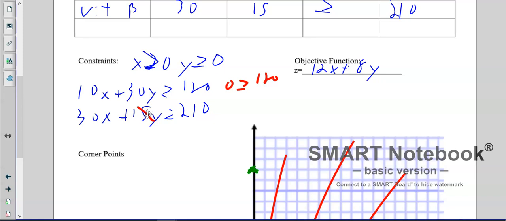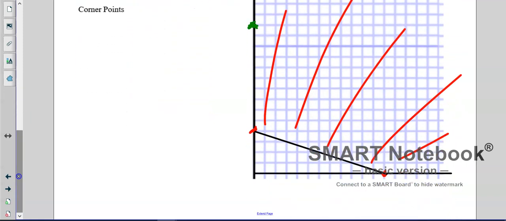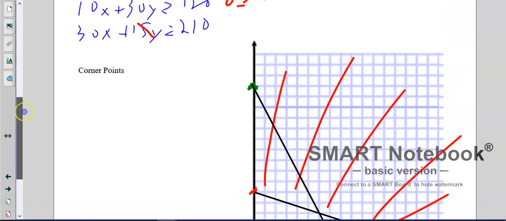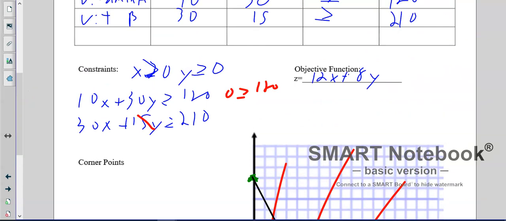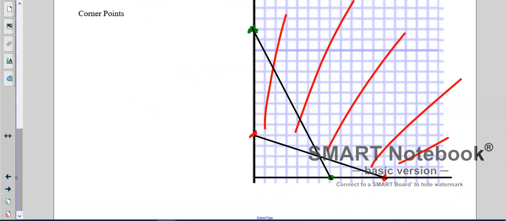Okay. 21 divided by 3 is 7. So x is 7. 1, 2, 3, 4, 5, 6, 7. Right here. And I'm going to connect those dots. And I'm going to do my test. And I end up with 0 is greater than or equal to 210. Definitely not true. So I'm going to shade above this line.